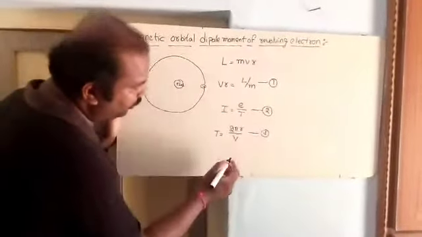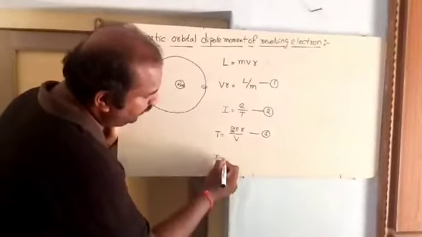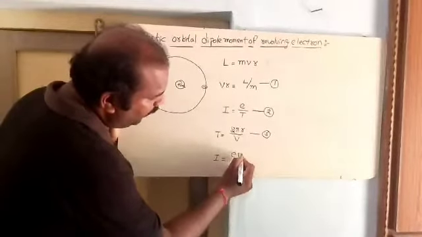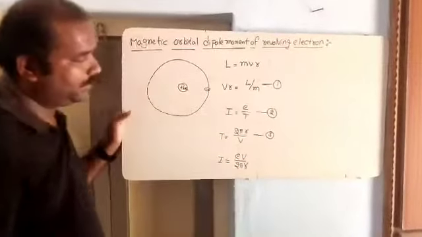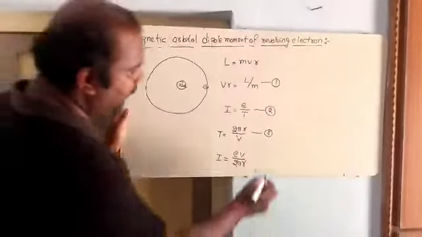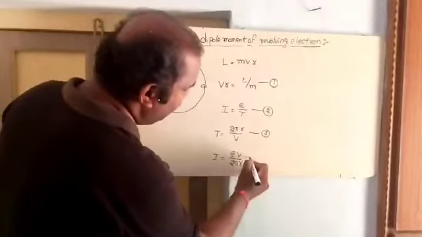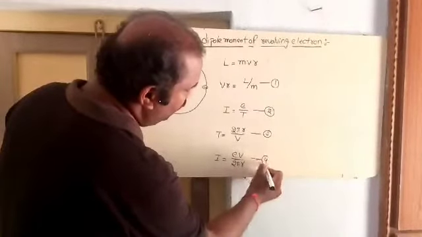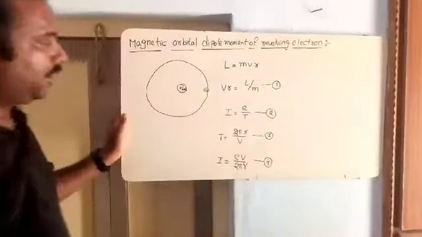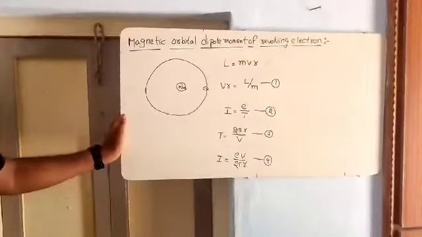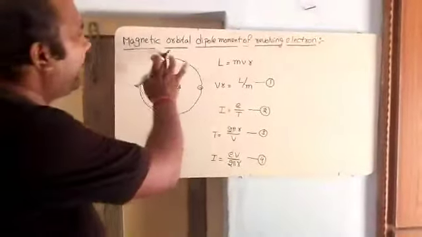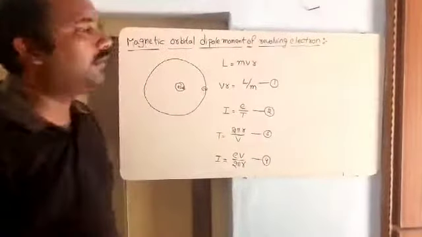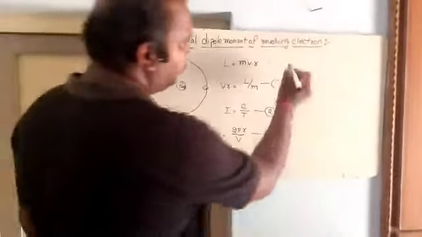Substituting time in equation 2, we get I is equal to e v by 2 pi r. I am taking this as equation 4. Now by using these equations, we can get the magnetic orbital dipole moment of the electron. How can we?